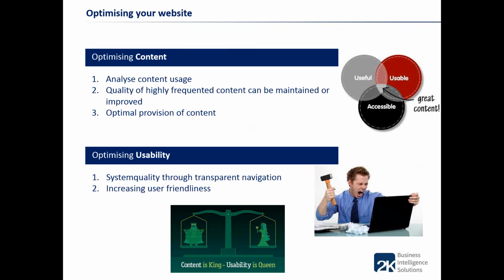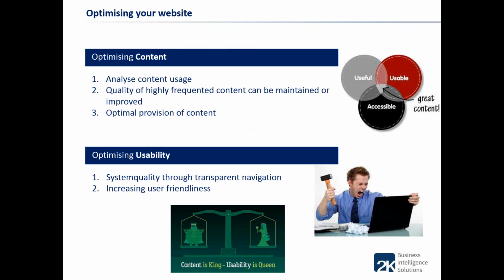There's a small diagram here, or a graphic at the bottom. Content is king. You might have heard this being said, content is king, but usability is queen. And as this graphic suggests, they should be in balance as well. So make sure that you're not content heavy, but your usability is low.